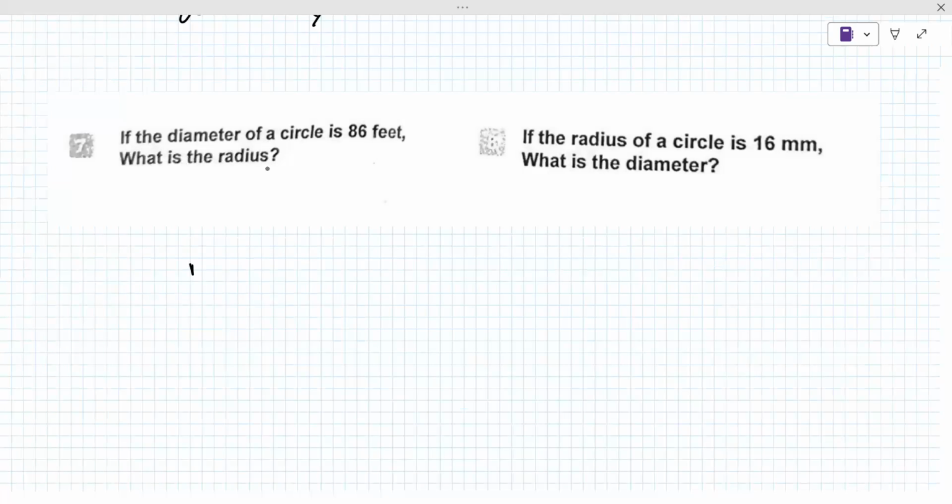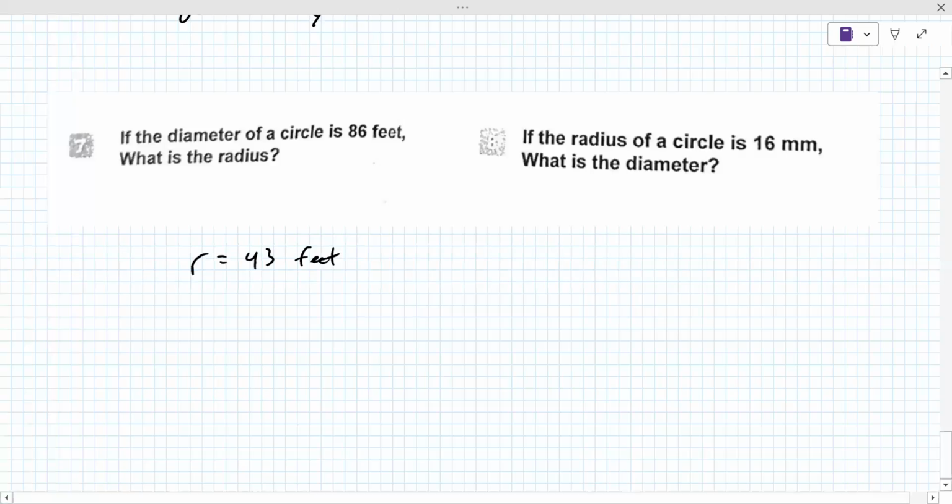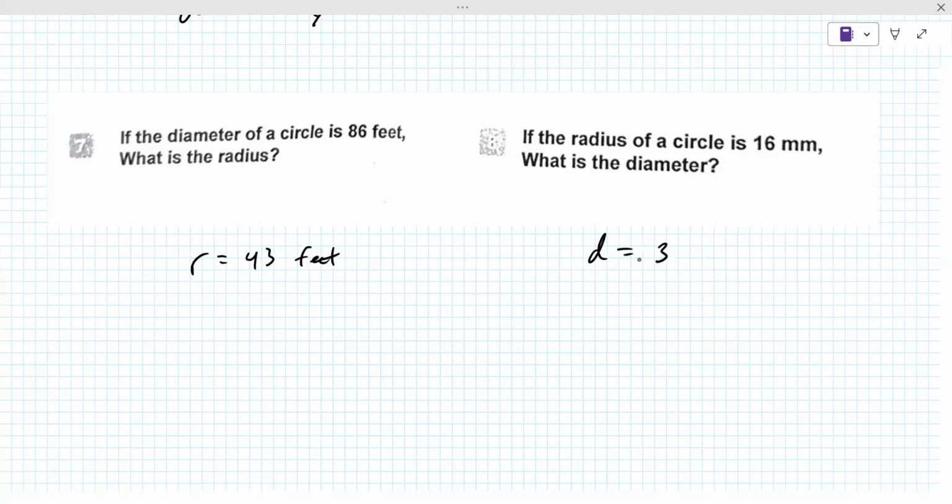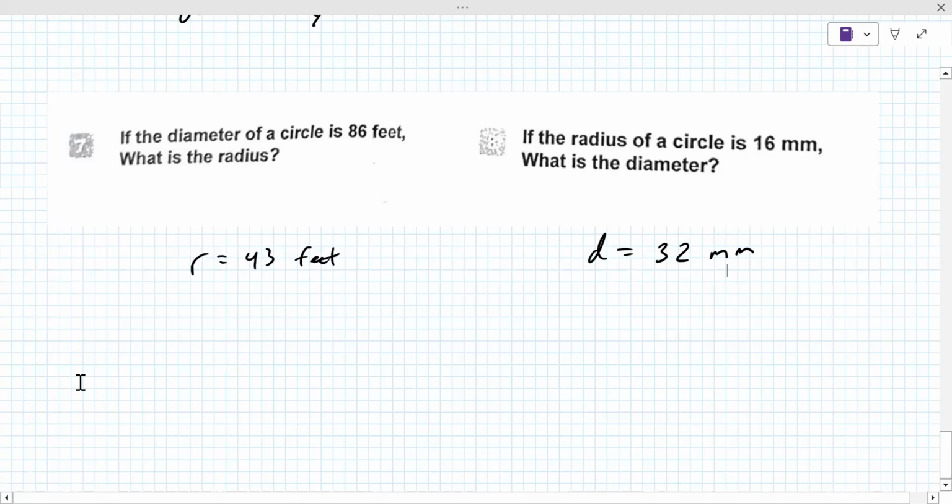Yes, radius. And radius, that would be 32 millimeters. Agreed. And the use of R and D are pretty standard in this world.